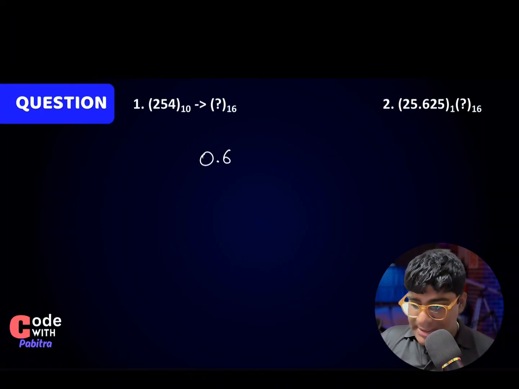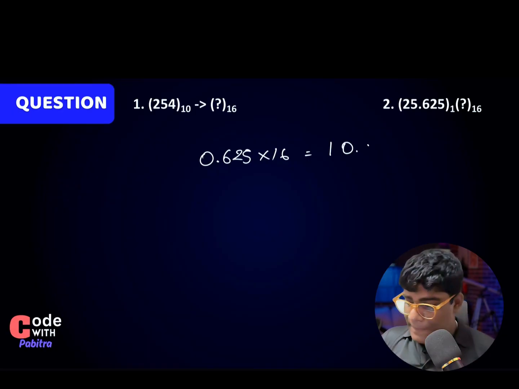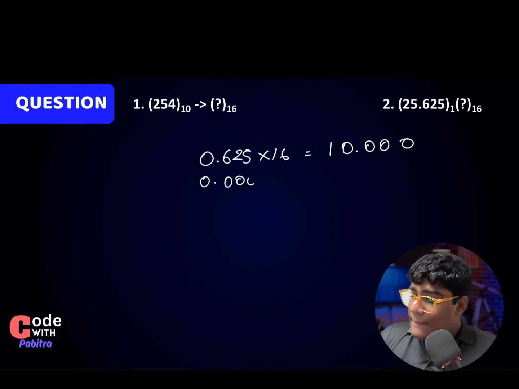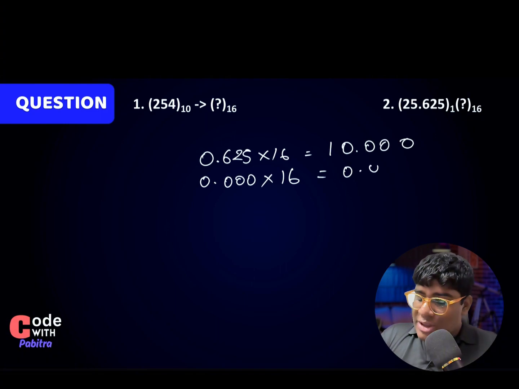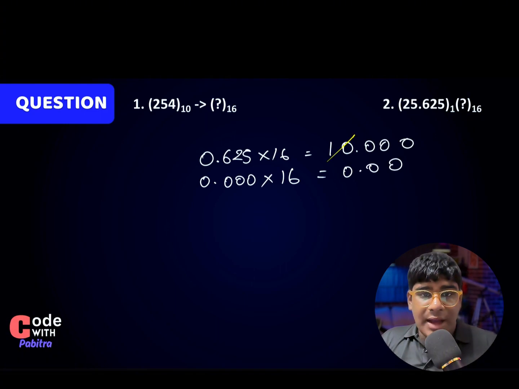So 0.625 times 16, we get 10.000. And for the sake of the rule, we'll also multiply 16 with 0, and obviously the answer will be 0 only. And since this is 10, we'll write it in alphabetical form, so A.